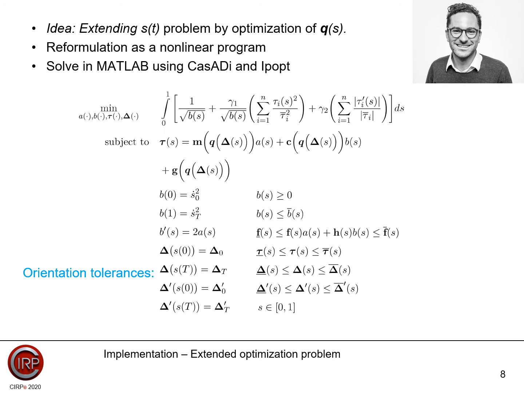You can see the optimization formulation, and the formulation of the orientation tolerances is included in the second line in the dynamic equation. I do not go into detail about all these equations, but in the last lines you can see the constraints of the orientation tolerances and also their velocity.